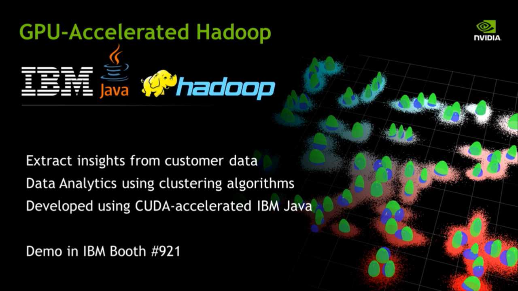Hadoop has a framework for machine learning called Mahout that IBM is demoing a GPU-accelerated application of in their booth here at GTC. What they've done is develop a CUDA-accelerated IBM Java that allows them to do, in this case, k-means clustering, which is a common machine learning algorithm.